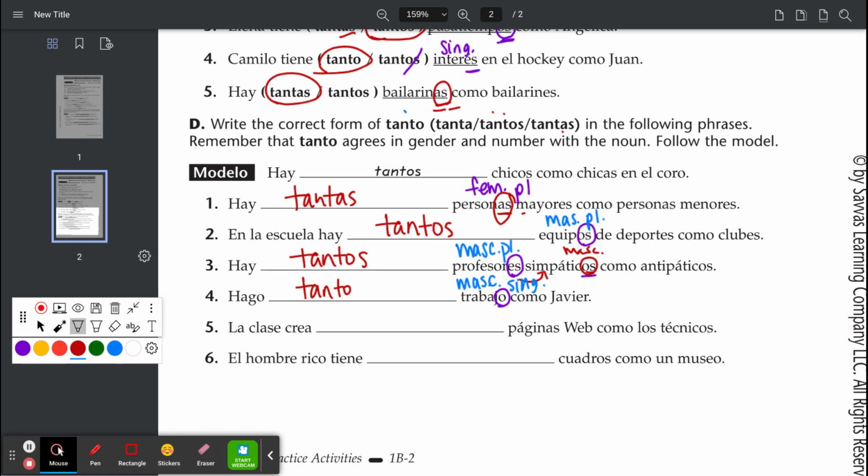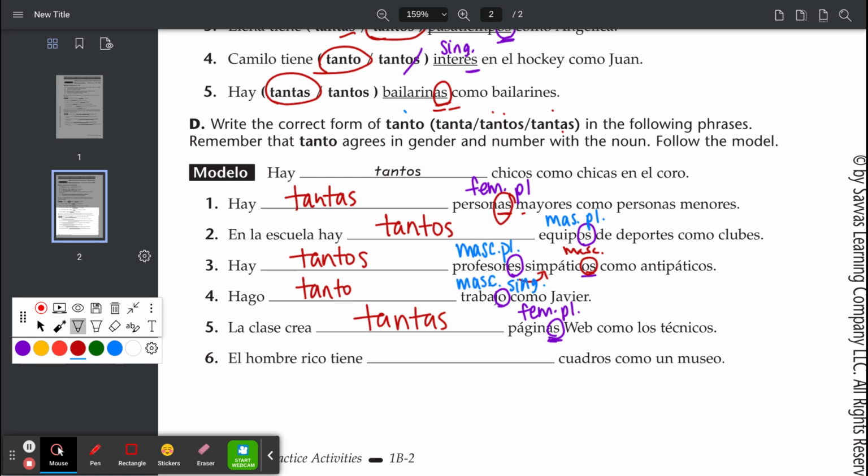All right, number 5. La clase crea blank páginas web como los técnicos. So páginas ends in AS. A means that it is feminine. The S means that it is plural. So feminine plural, we would then use to match tantas, AS ending as well. So la clase crea tantas páginas web como los técnicos.